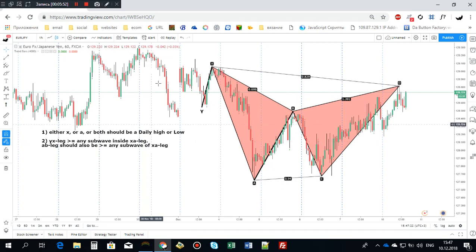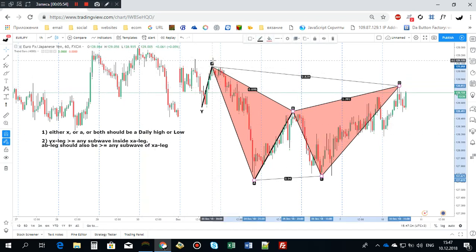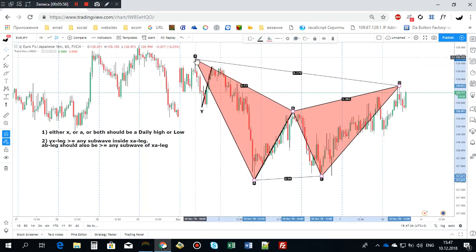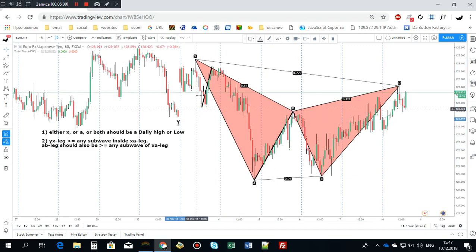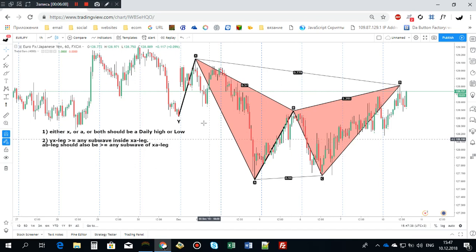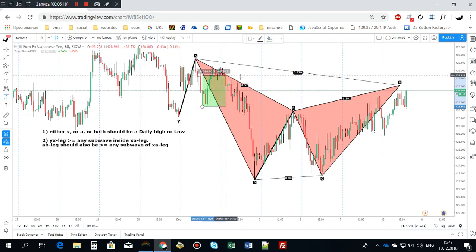By the way, if I draw the pattern from here to here like this, then my prior wave will be this. You see, yes, and whatever we had here turns into a YX subwave. Okay, if it turns into a subwave, then let us measure this subwave.